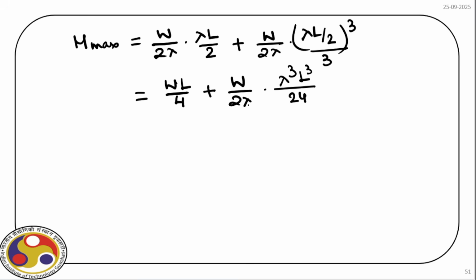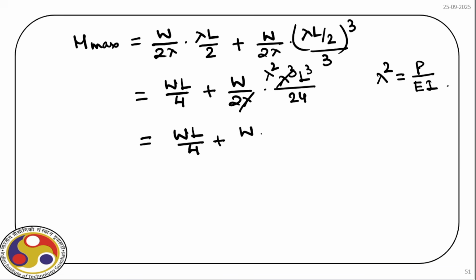So we can further simplify. So this lambda will give lambda square, and we know lambda square is equal to P by EI. So what we have here is WL by 4 plus we have W L cube.